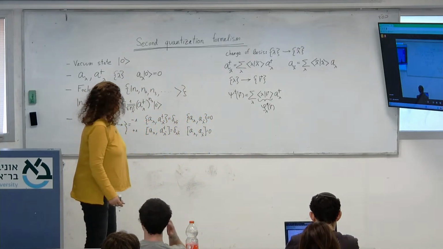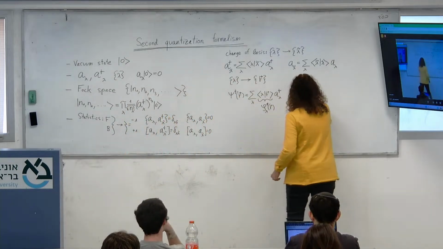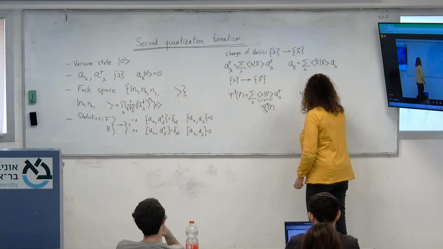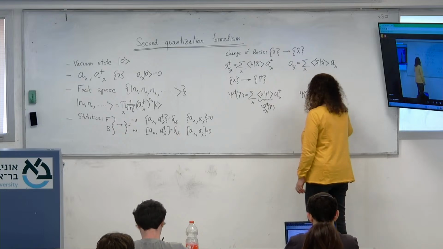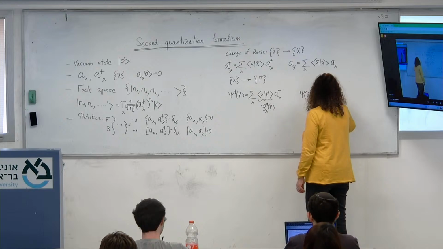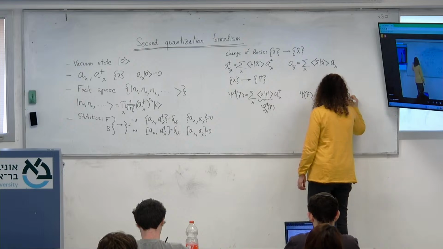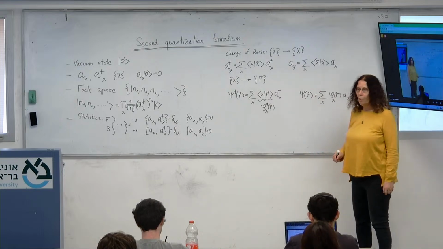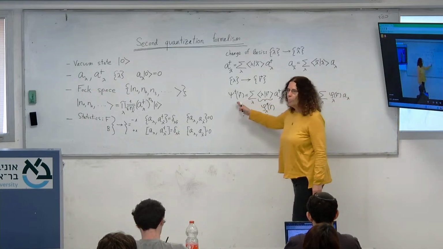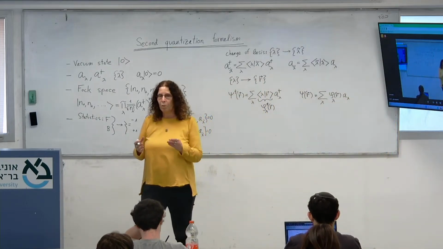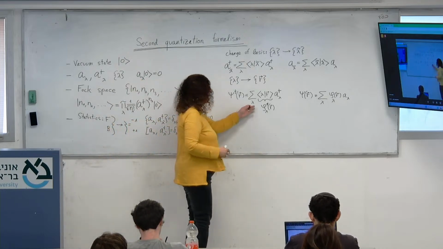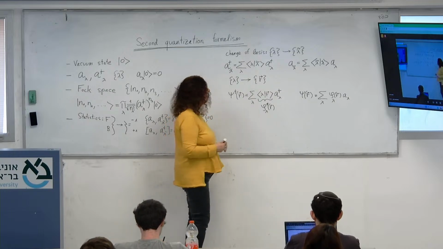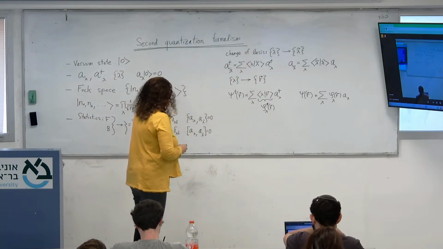And of course similarly psi of R, which is the annihilation operator, is just phi times A. Therefore, if for some reason we start from a problem that is expressed in real space in terms of local operators, we know how to convert it to any basis. That's the prescription. Great.